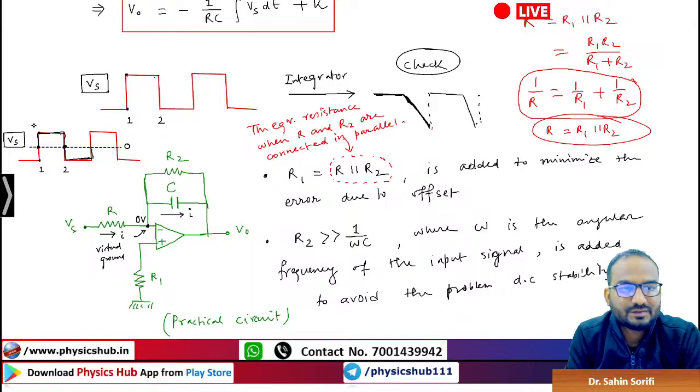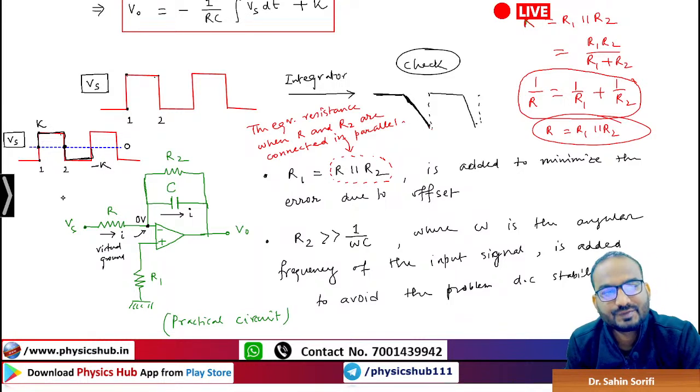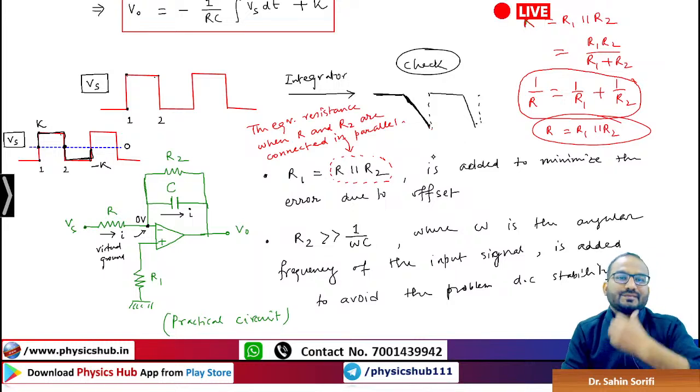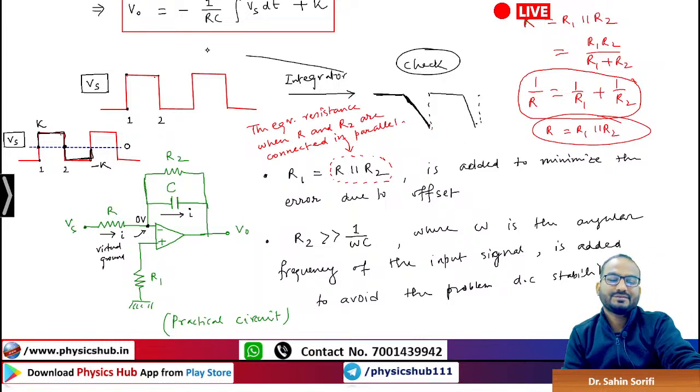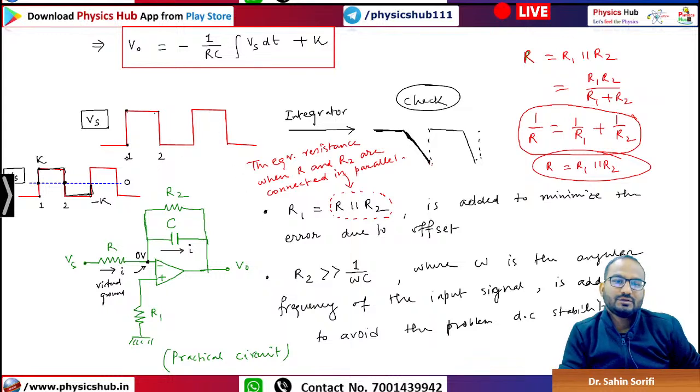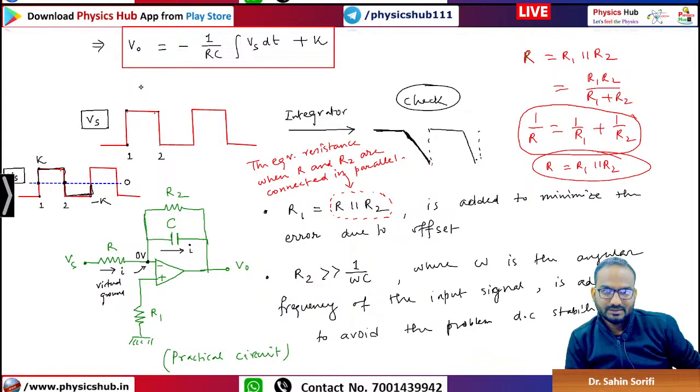Let's say this is K, this is minus K. So what changes will be there in this curve? Look, because of the negative sign in the output, whatever curve you expect will be on the other side. So you are expecting a triangle along this, but you draw it in this way because of this negative sign. I hope this is clear.